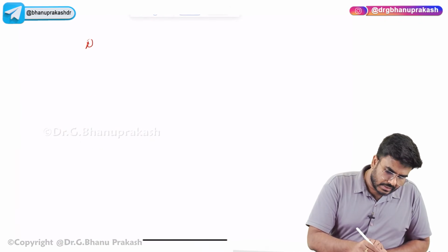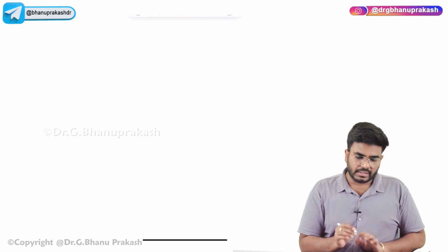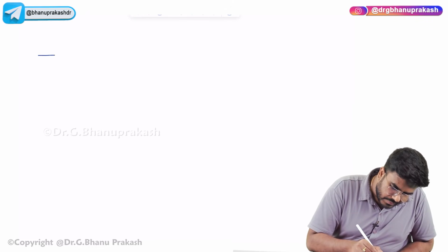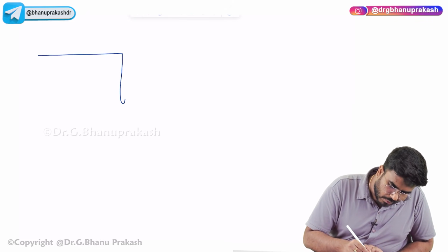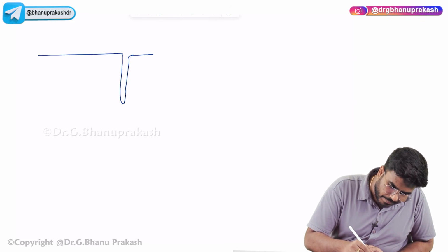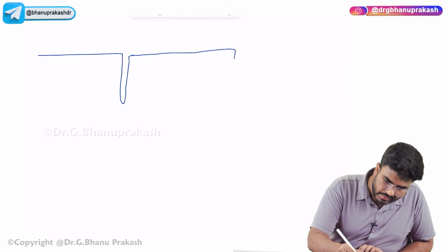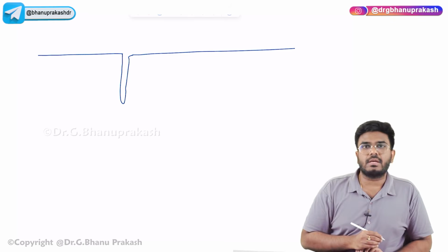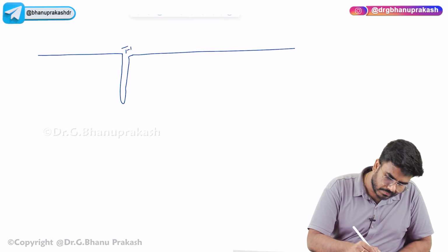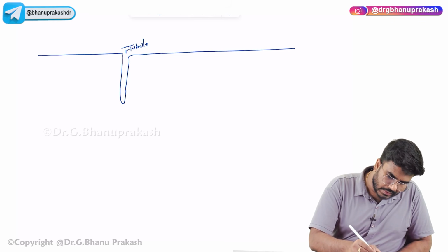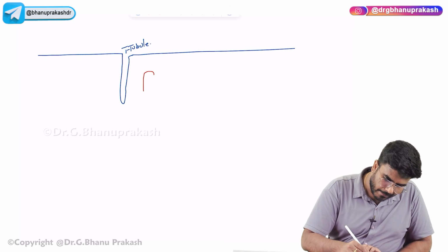In cardiac muscle, what are the points that are a little different? Look here, this is the sarcolemma of the cardiac muscle. Here is the T tubule. Here I am showing you the L tubule.